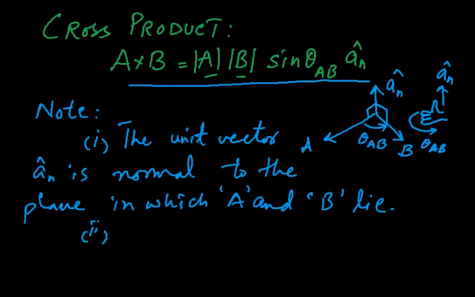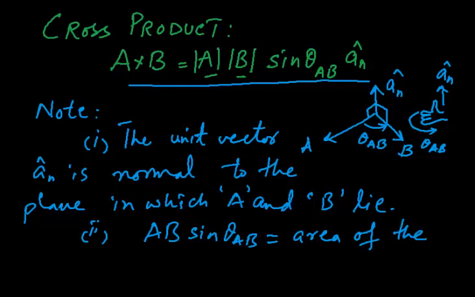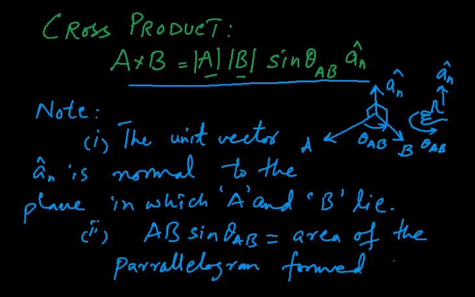The second point to be noted is that ab sine theta ab is actually the area of the parallelogram formed by the vectors a and b. Yes, it makes sense.